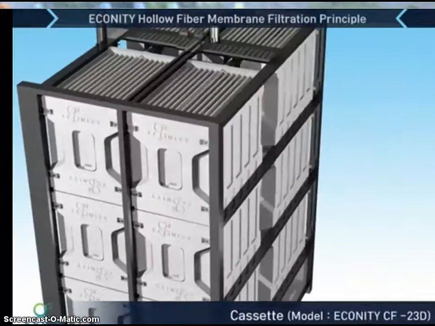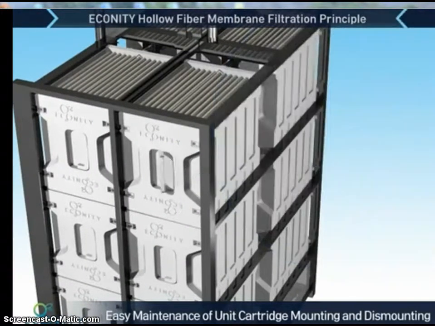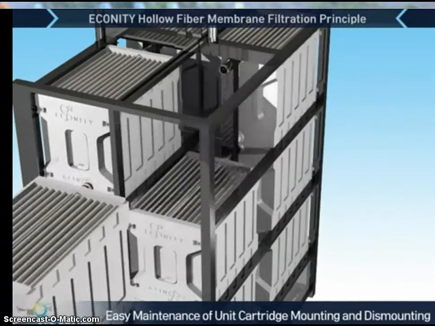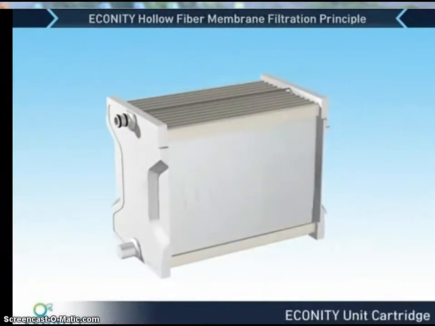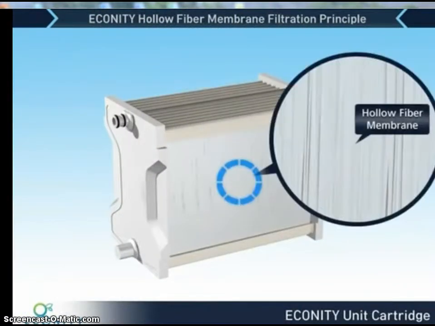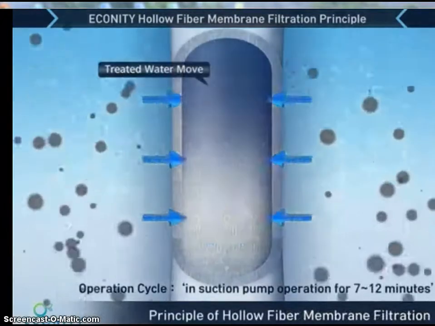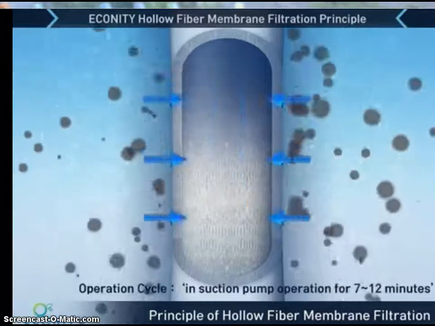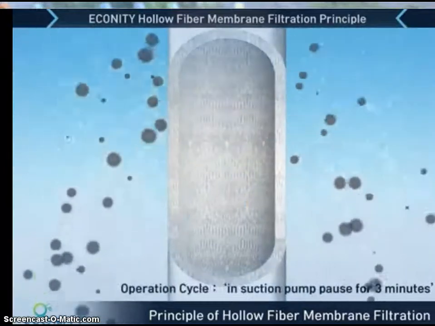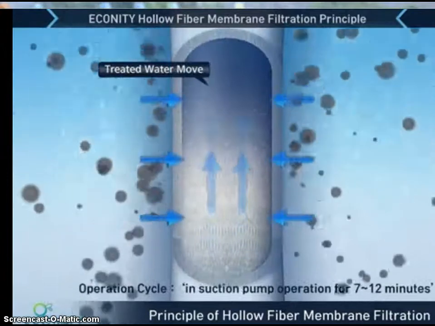This is a whole hollow fiber membrane module. It will be a single unit having multiple cassettes. So this is the single unit that has been animated and shown to you. It's a hollow fiber membrane. A diffuser will be placed at the bottom. You can see the pollutant molecules rising up because of the diffuser, and treated effluent moving up.